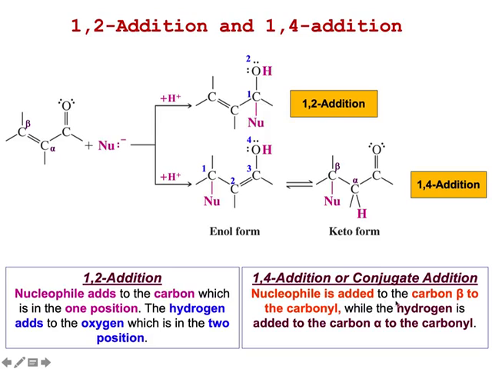This one, nucleophile added to the carbon beta to the carbonyl. So nucleophile attached at beta carbon, then hydrogen goes to the alpha carbon to the carbonyl, we call it 1,4 addition.